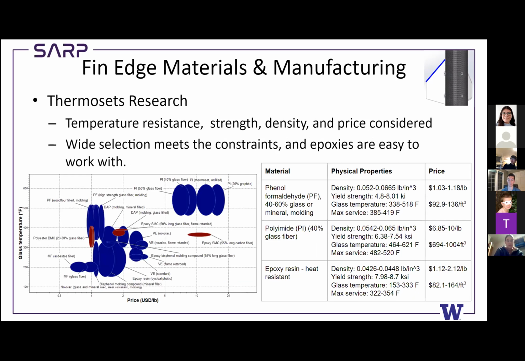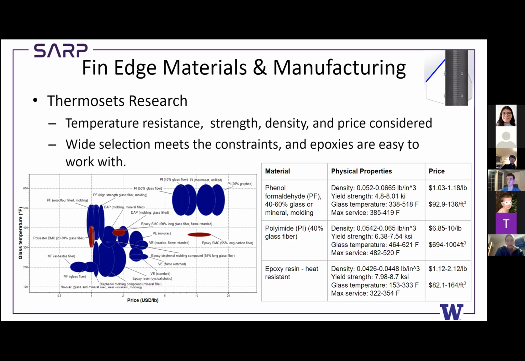Next slide. All right, so as Joseph was saying, the thermosets are generally good at offering high temperature resistance and good strength. And so what we did was look at different types of thermosets that we could use for the specific application, taking into account the temperature tolerance, the strength, and the density and the price of different materials.